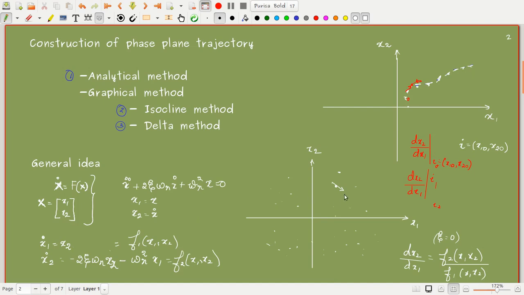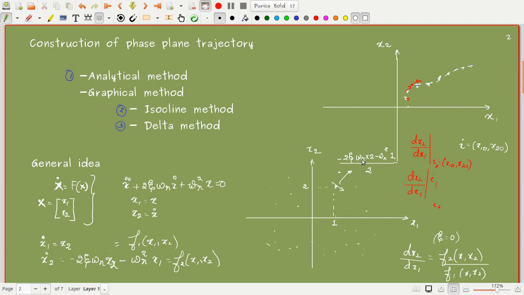So at this point, for example, if x1 is 1 and x2 is 2, you substitute into this equation: minus 2 zeta omega n into 2 minus omega n squared into 1, divided by f1, which is x2, that is 2.